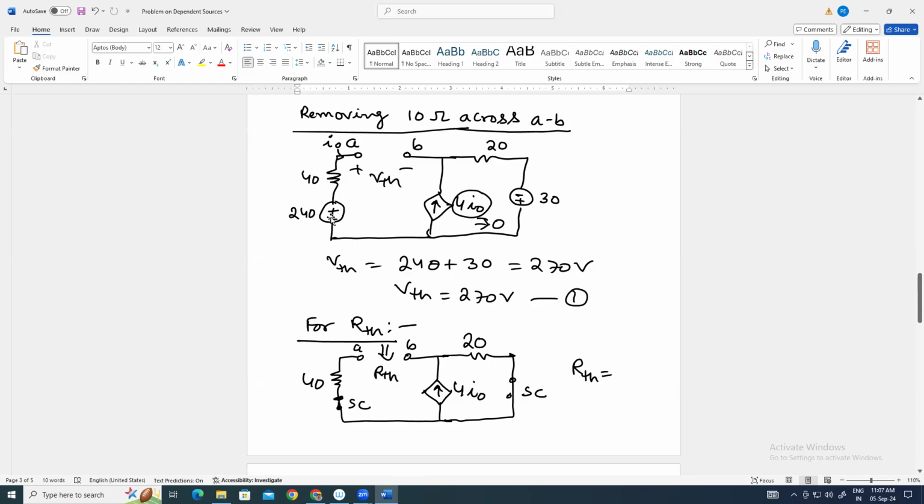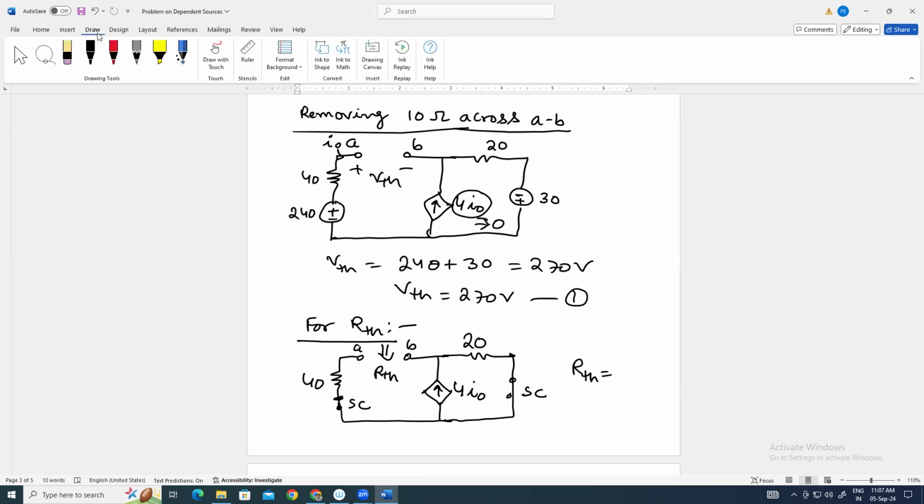Both will be added because minus plus, then plus minus, then minus plus. So minus plus will be added. This is plus minus. It means VTH will be equal to 240 plus 30, that is 270 volt. Okay, 270 volt is the VTH.